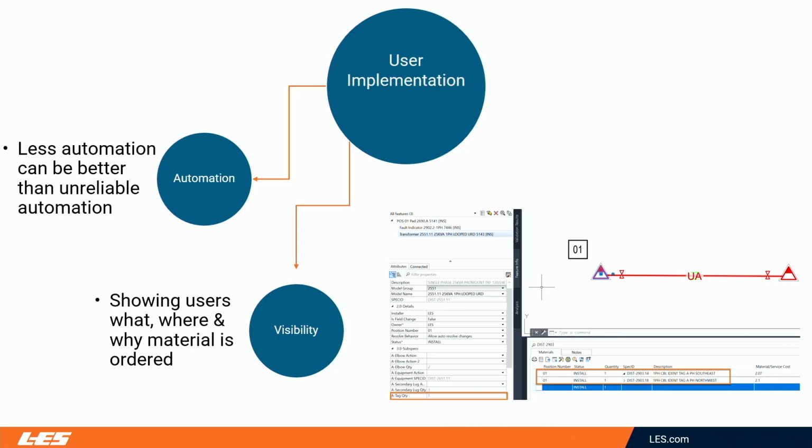So SPS created a pretty clever design rule to determine which direction tag that we need based on the start and end of the cable. So that worked pretty well, but when users see that material show up in the material list, they weren't quite sure where that was coming from.